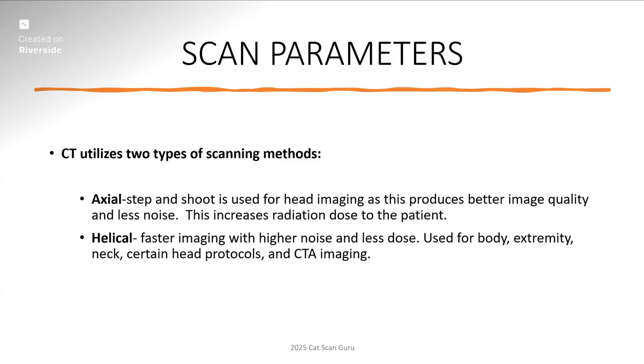In CT, CT utilizes two types of scanning methods. The first is axial, your basic step and shoot, which is typically used for head imaging because of the image quality, and it produces less noise, but it does increase the radiation dose to the patient.